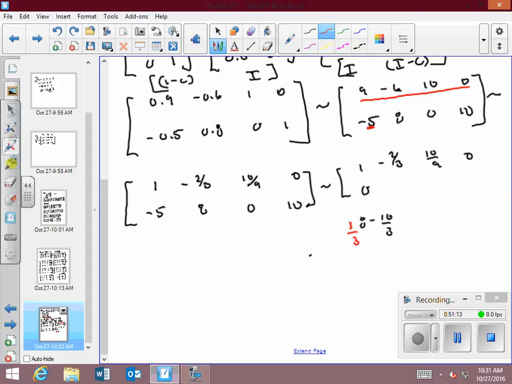So that's 24 minus 10, 14 thirds, and that's what I put in here. And I'm multiplying 5 times the first row, so that's 50 ninths. And then this is still 10.